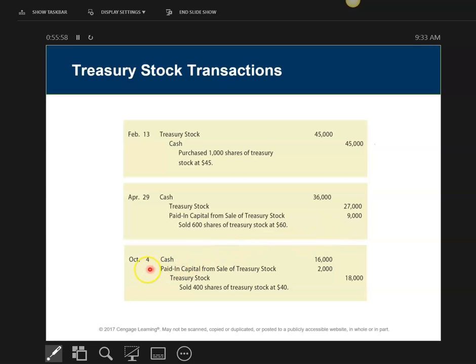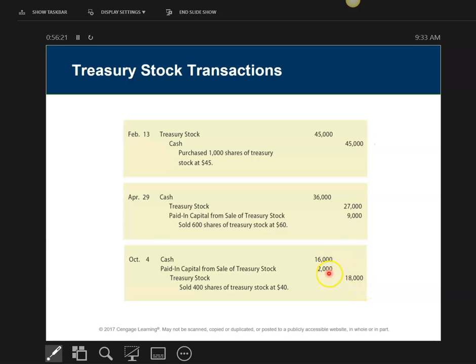Okay? Now, I sell 400 shares for less than what I paid. So I'm going to get 400 shares times $40. I'm going to get $16,000, which I get my cash. My Treasury stock has to be credited for 400 shares times the $45. That's why it's credited for $18,000.